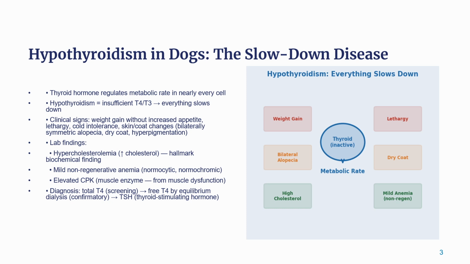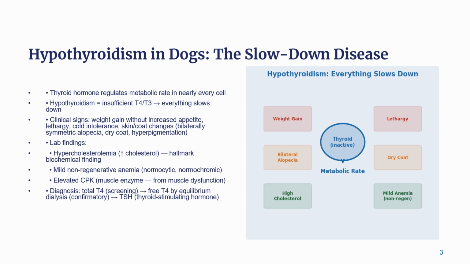Thyroid hormone is the metabolic throttle for virtually every cell in the body. When the thyroid fails, which in dogs is almost always due to immune-mediated destruction or idiopathic atrophy of the thyroid gland, the metabolism slows down across the board.